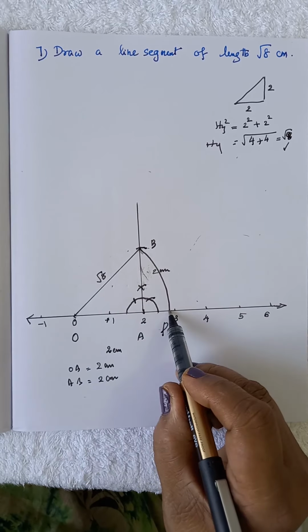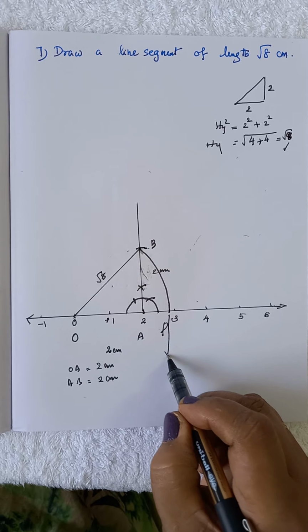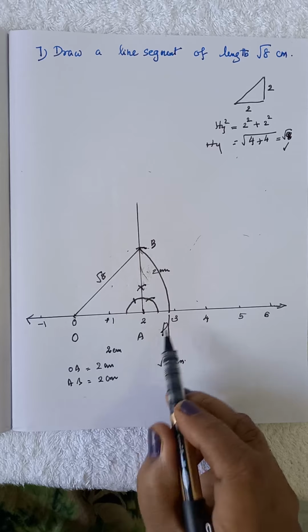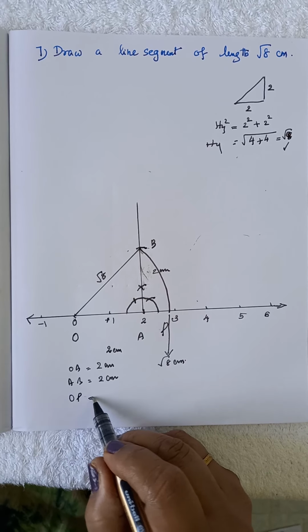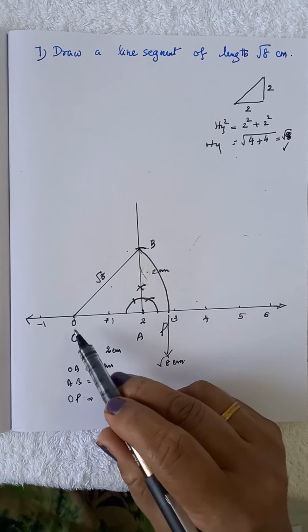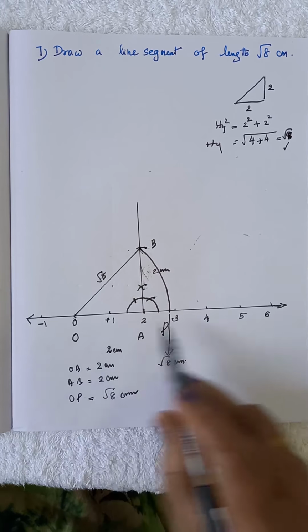So this also, that length root 8, that is a radius. So this length is root 8 centimeter, that is OP. OP is equal to root 8 centimeter. Thus we have drawn the line segment OP of length root 8 centimeter on the number line.